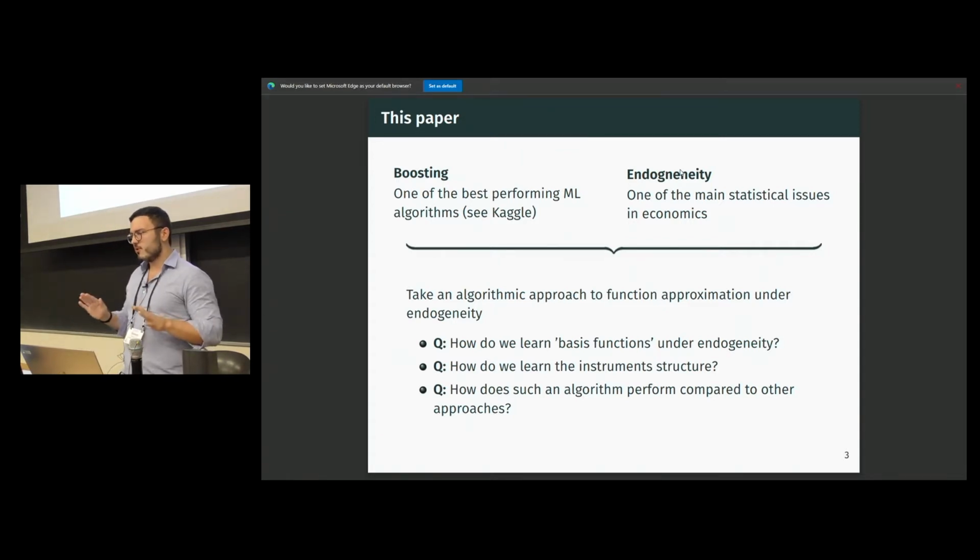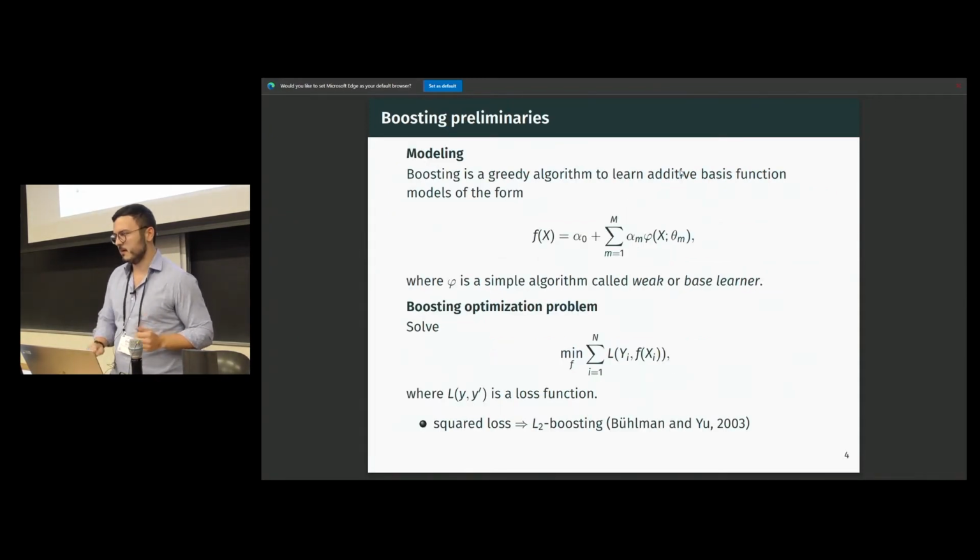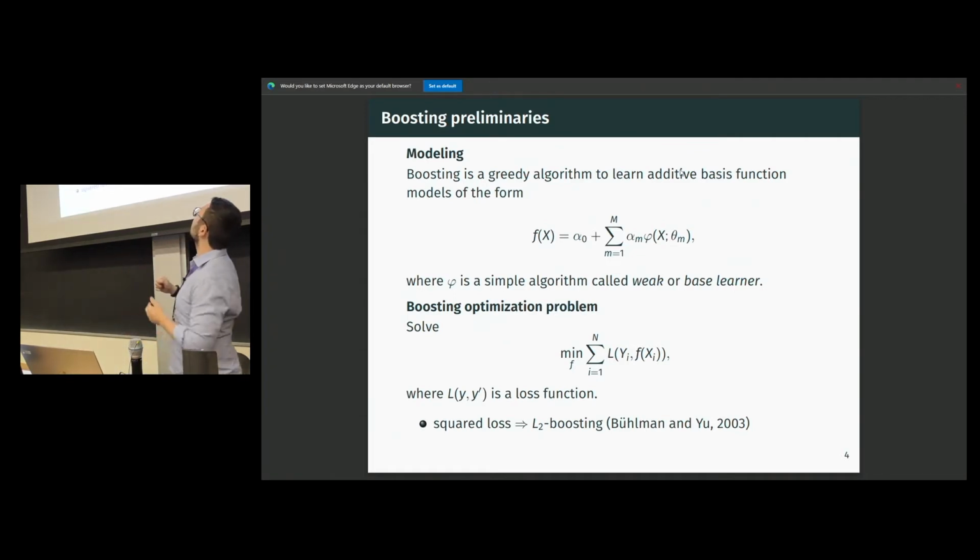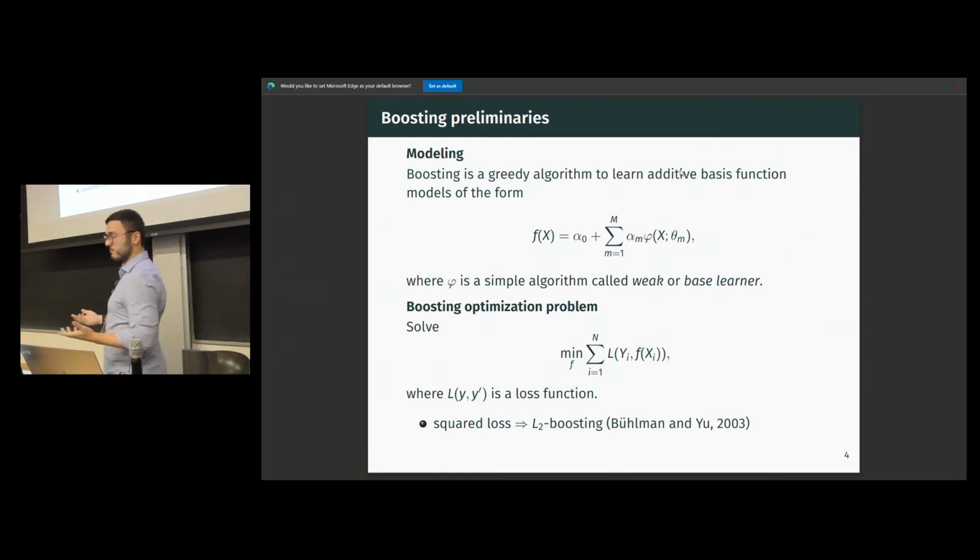Before I talk about our algorithm, let me spend the next couple of slides talking about boosting so that everyone is on the same page and understands how it works. Boosting is a way to fit additive basis function models of this form. Unlike the standard basis function model, these basis functions phi are simple algorithms, called weak learners or base learners.